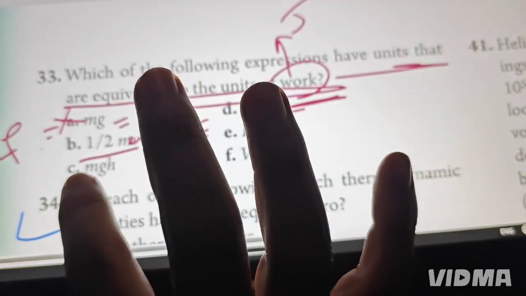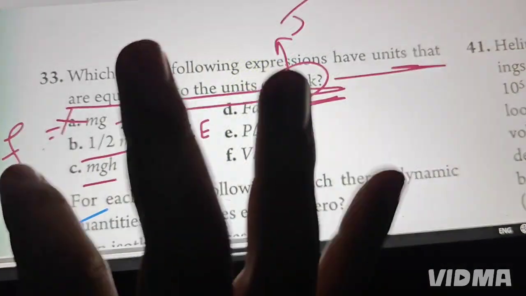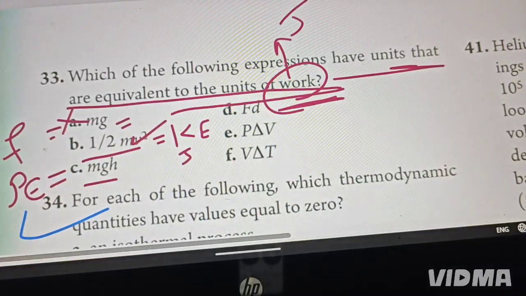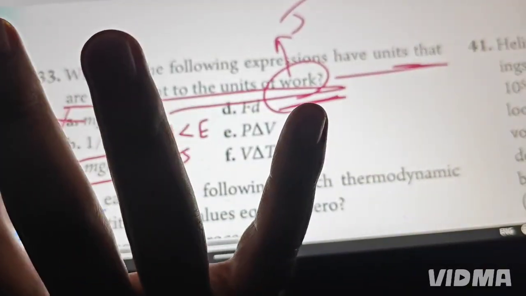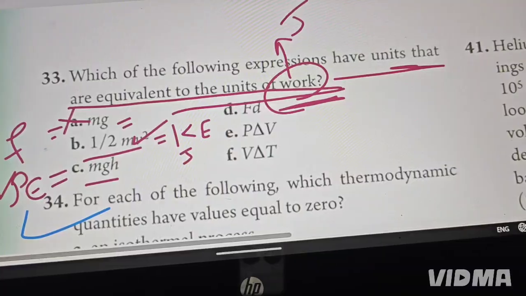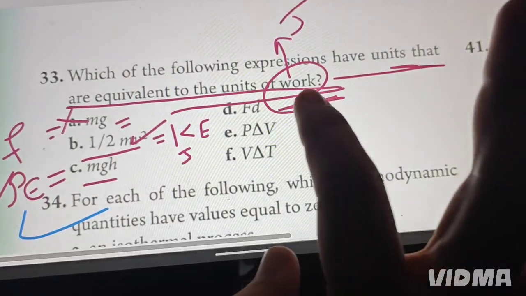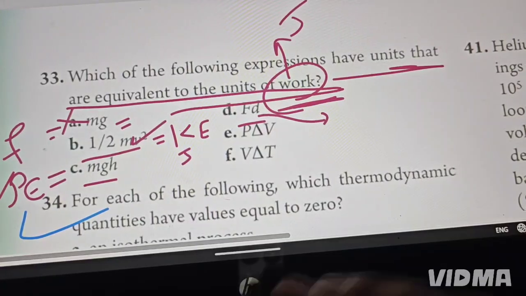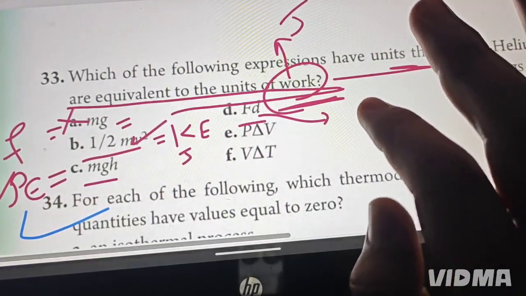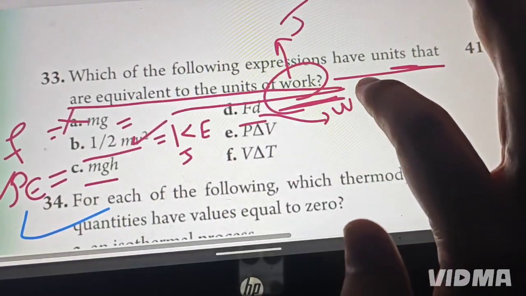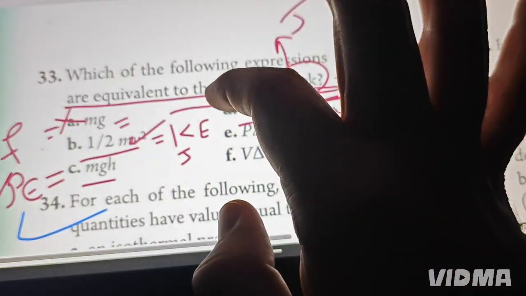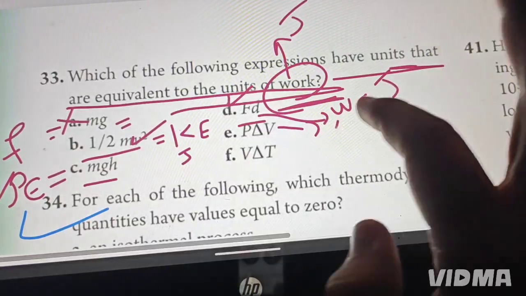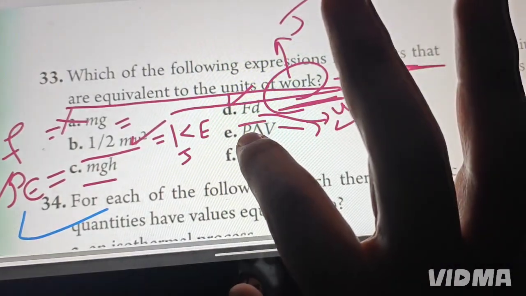Part C, mgh, is the rule of potential energy, and potential energy has the same unit as work, joule. Part D, FD, is the formula of work, so the unit is joule. This is right too. Part E, P delta V, is again the rule of work, so it is right, but part F is wrong.